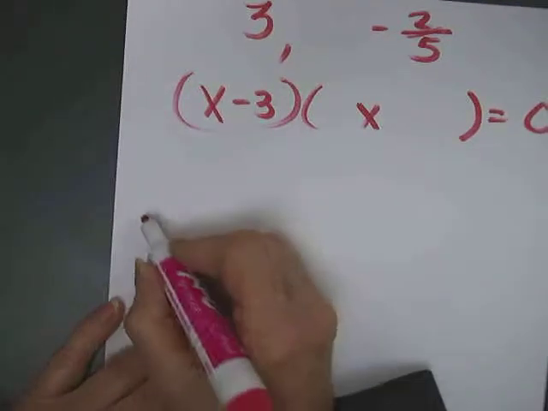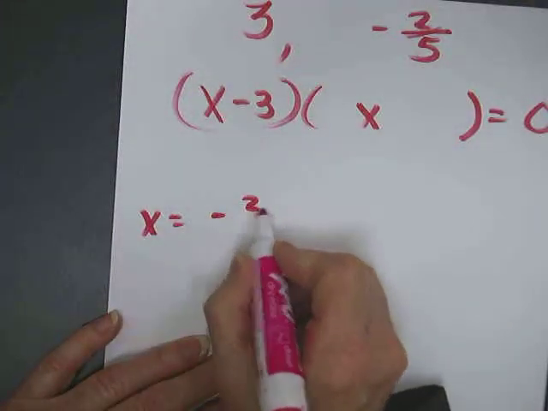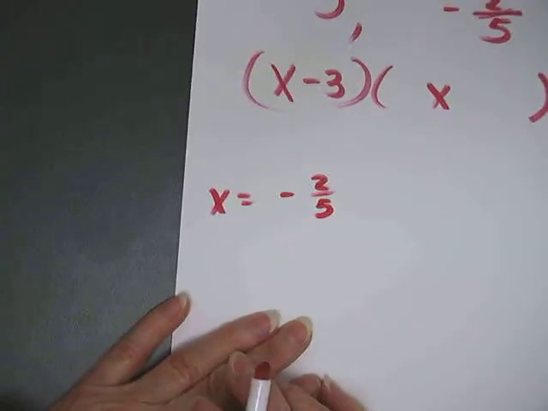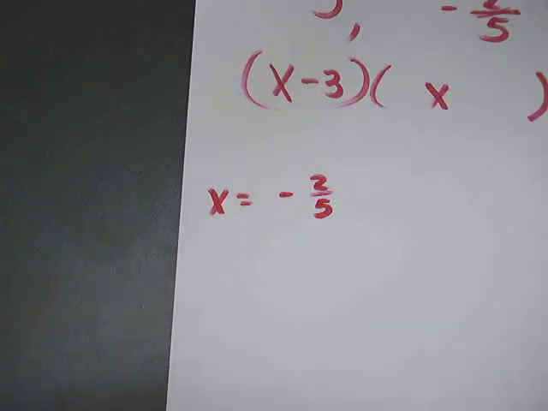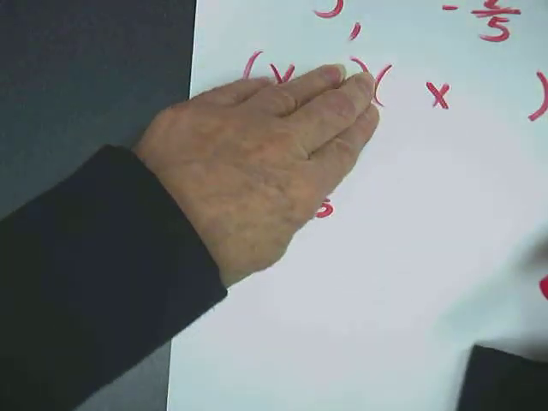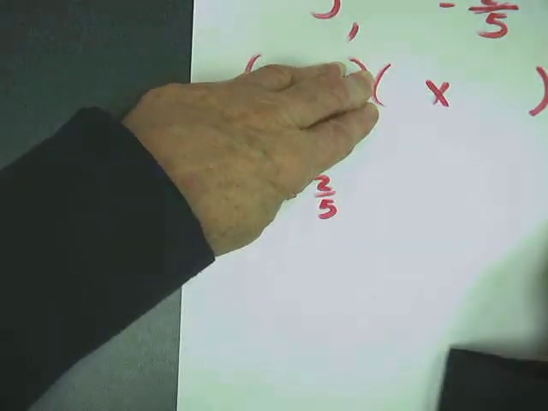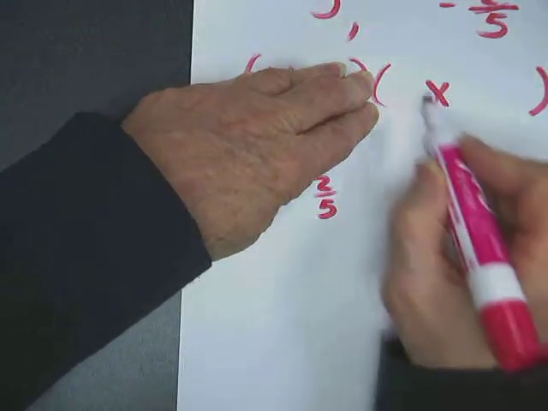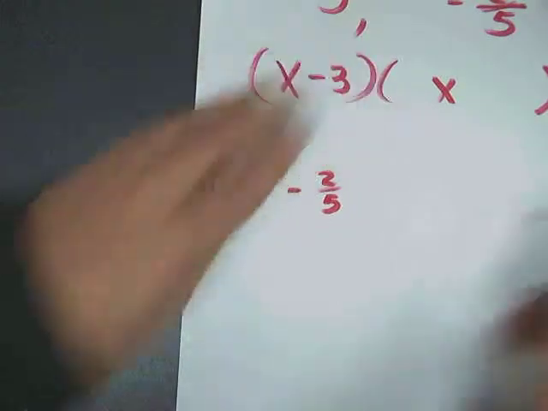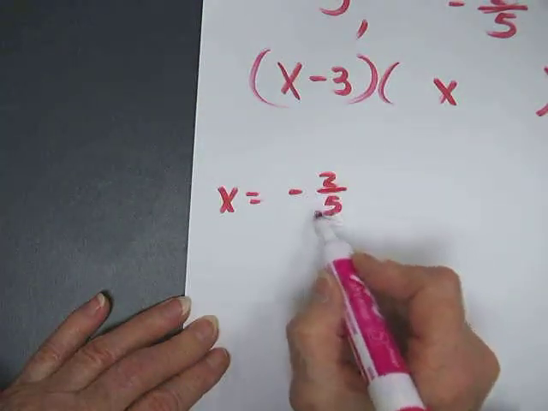It's going to have something in front of the x, the 5, because actually when we do this, it has to equal -2/5. So let's say if x equals -2/5, how are we going to do that?